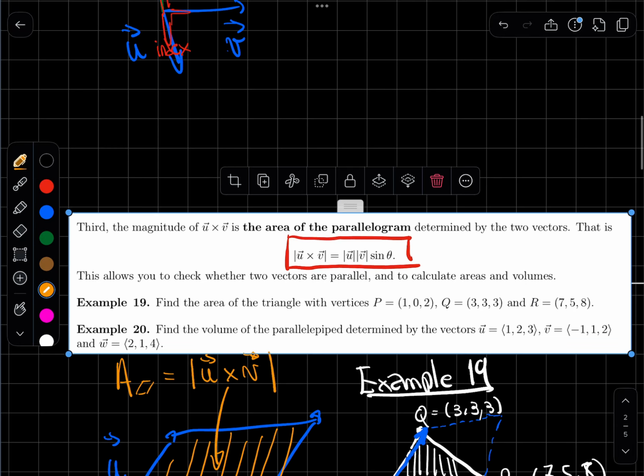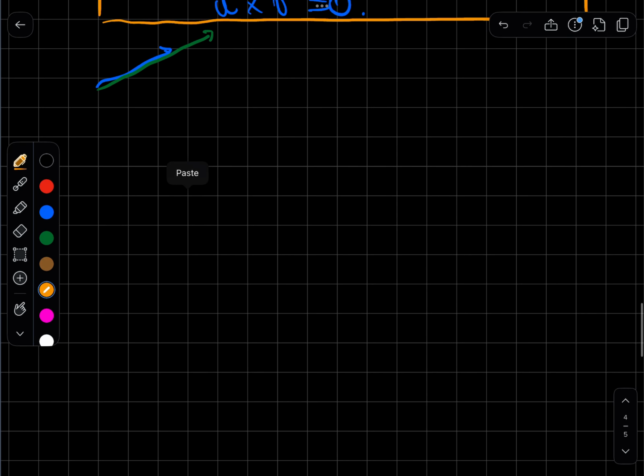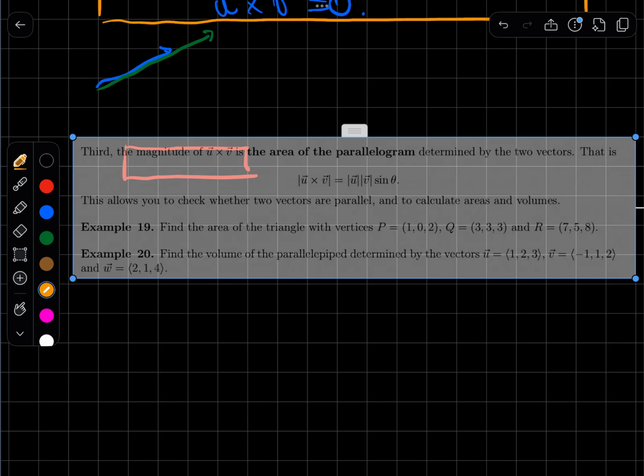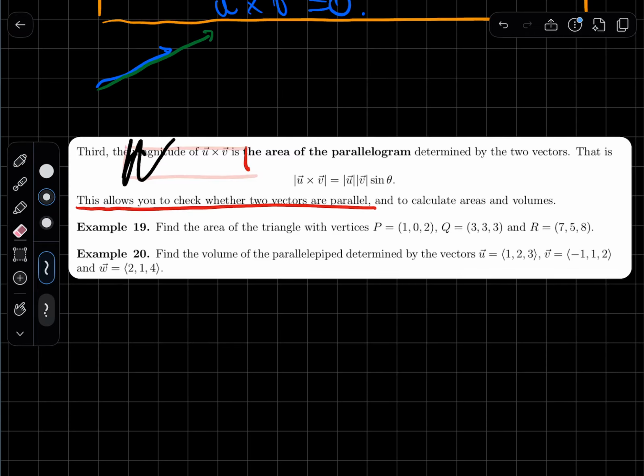Now let me copy this so I can do example 20. So what I just said about vectors being parallel is this short phrase. And obviously, that is because you can look at this formula and see the sine of theta right there.